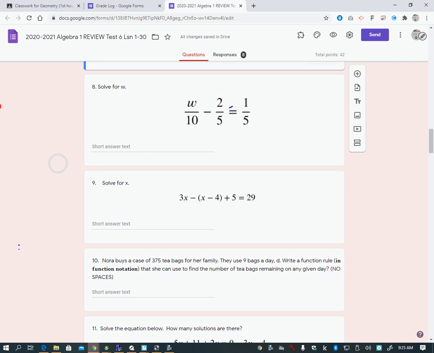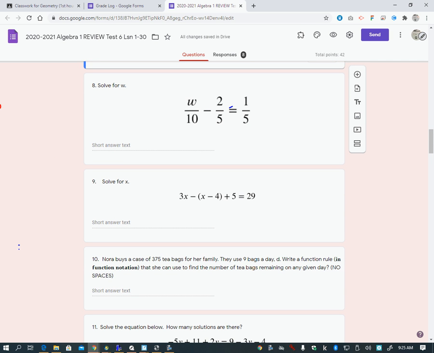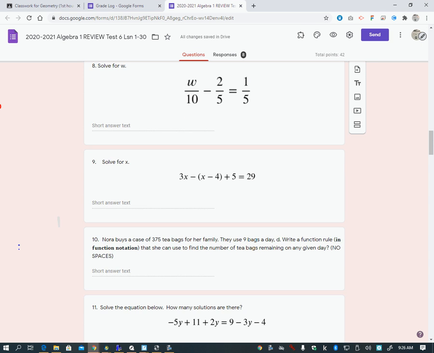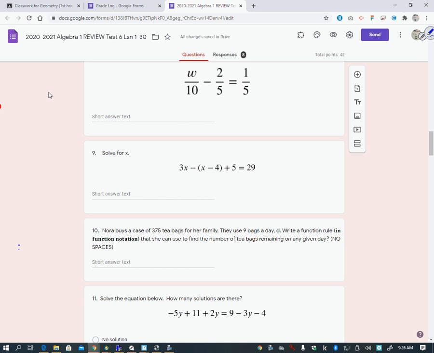All right, question number 8. I don't know if I've showed this to this class. Is there any way to get rid of all of those fractions? Multiply all of them by the common denominator 10. Okay, that would give me 10w divided by 10.